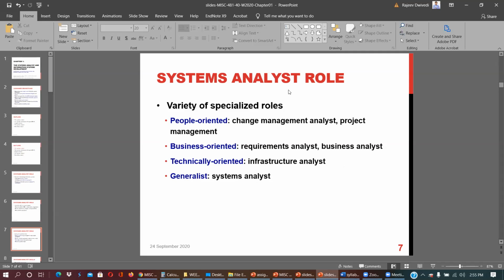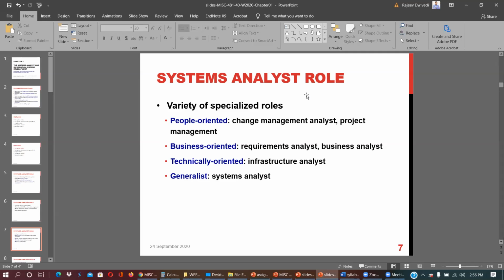So basically, if you understand, the role of an IT expert, IT person, or system analyst is not limited to only the technical aspect, or coding, or programming. He has to be an expert in most of the skills: the human side, the people side, the business side, the technical side, and overall everything.